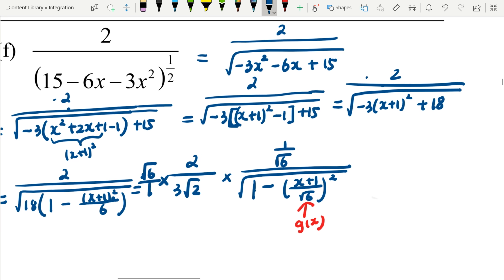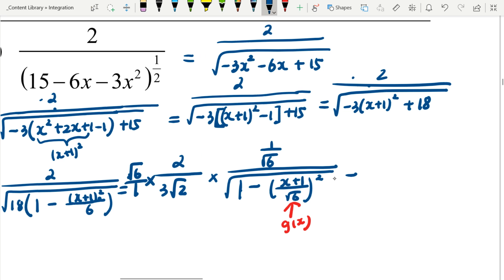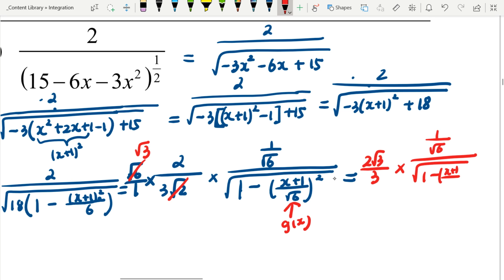Overall, this root 2 and this root 6 become root 3. So that's 2 root 3 over 3, times 1 on root 6 over the square root of 1 minus (x plus 1 on root 6) squared.